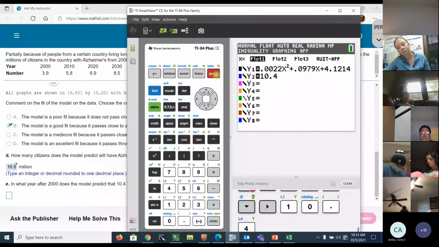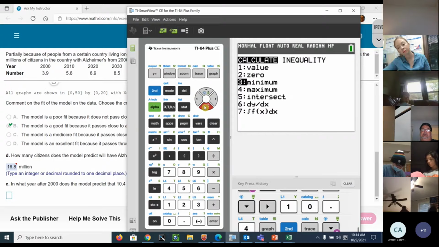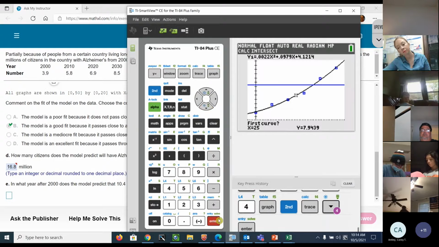And graph, and there's your point. Find the intersection: second trace, intersect. Don't hold down the button.